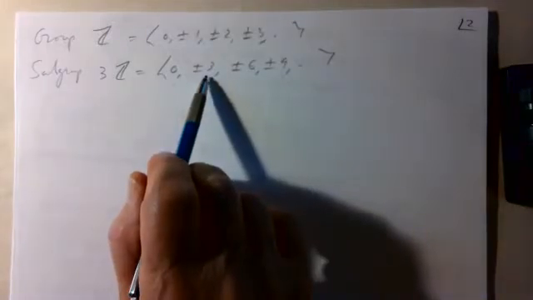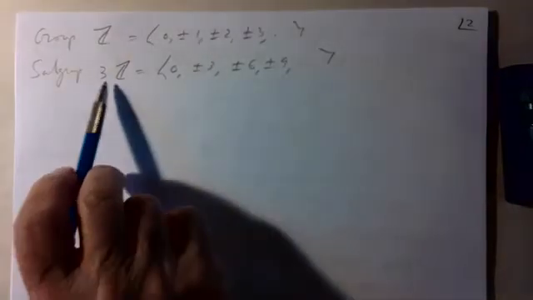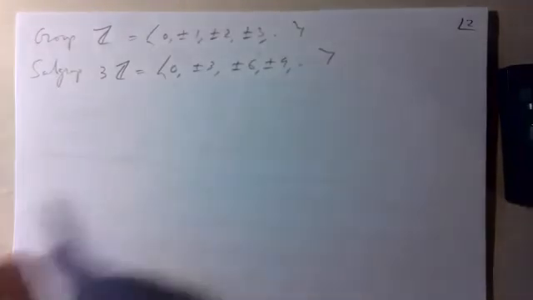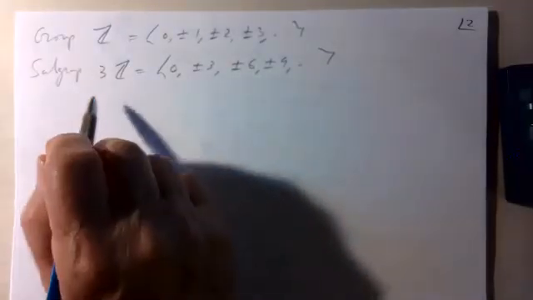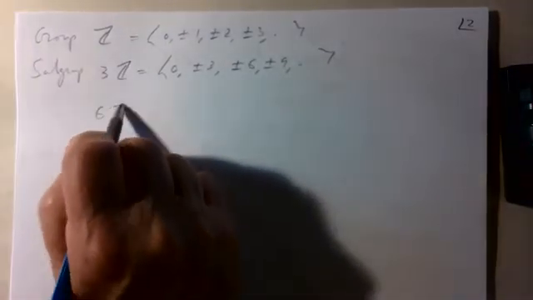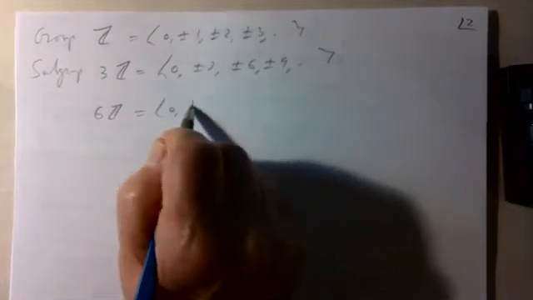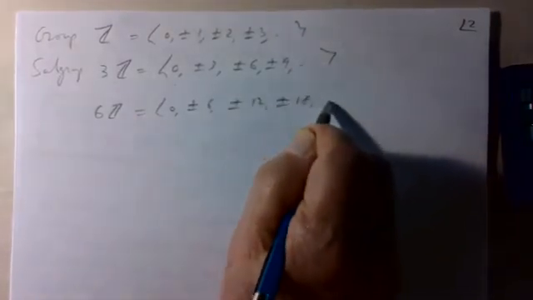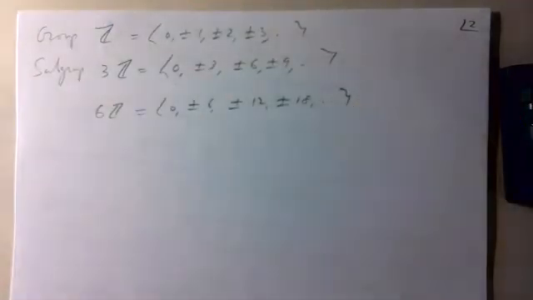The sum and difference of multiples of 3 is a multiple of 3, so this is a subgroup. What's a subgroup of 3Z? Well, for example, 6Z. 0 plus or minus 6 plus or minus 12 plus or minus 18. This is a subgroup of 3Z and a subgroup of Z, because every multiple of 6 is a multiple of 3.